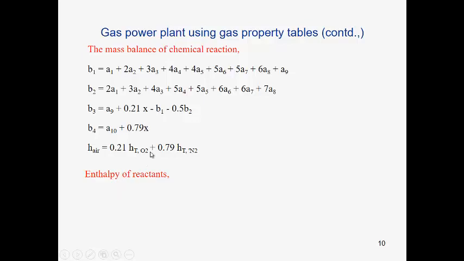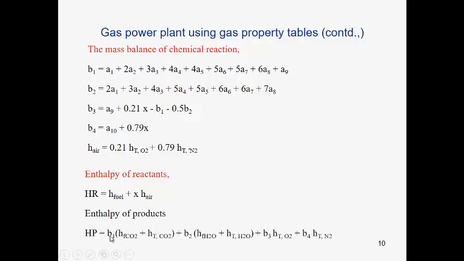For the energy balance, the enthalpy of the products, air, as well as the reactants is required. Enthalpy of air is equal to 0.21 of O2 plus 0.79 of the enthalpy of N2 at T, where T is the corresponding temperature of air. Similarly, the enthalpy of the reactants is the sum of the enthalpy of the fuel and the enthalpy of the air. The enthalpy of the products is from the gaseous compositions, that is CO2, H2O, O2, and N2.